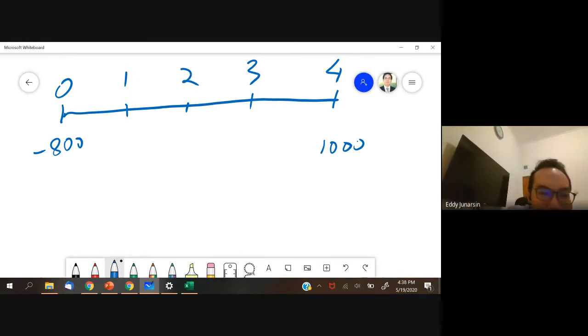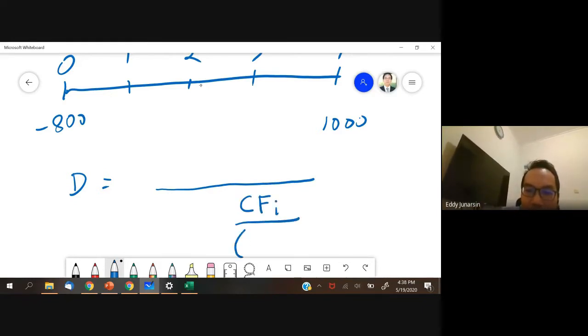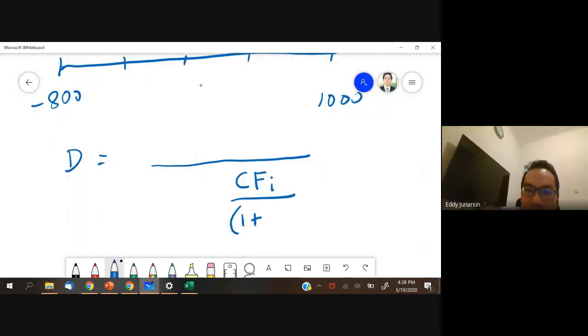So I hope you still remember. We write down again: duration. What is the denominator again? The present value of future cash flow, right? Divided by, or discounted back at, the market interest rate, and then we sum them together.